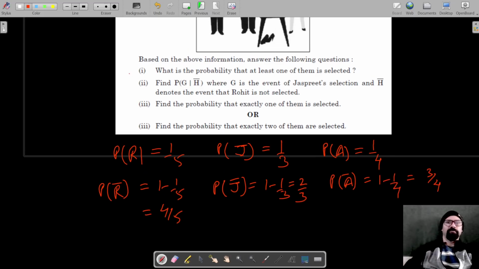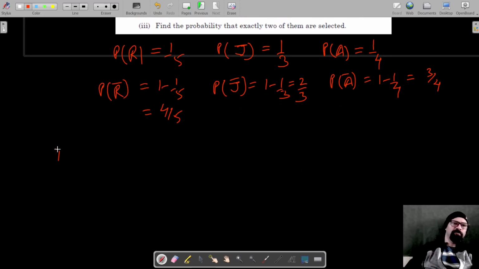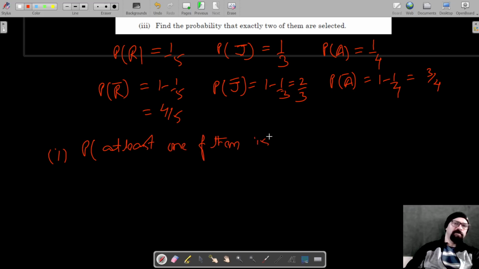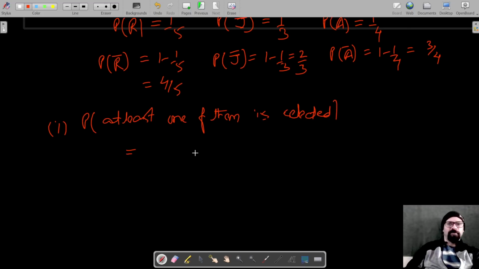Okay. So what is the probability that at least one of them is selected? That means either one of them is selected. This is exactly the opposite of the probability that no one is selected, so let's subtract it from 1. If you subtract the probability that no one is selected, that means at least one of them is selected.